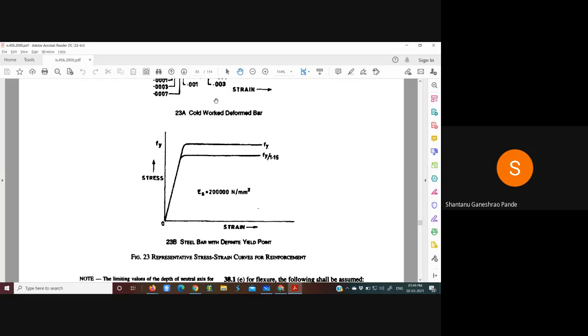So most of the time we will be referring to 23B, steel bar with a defined yield point. Here also there are two curves you can see. One is Fy and another is Fy upon 1.15. So 1.15 is the partial safety factor for steel.